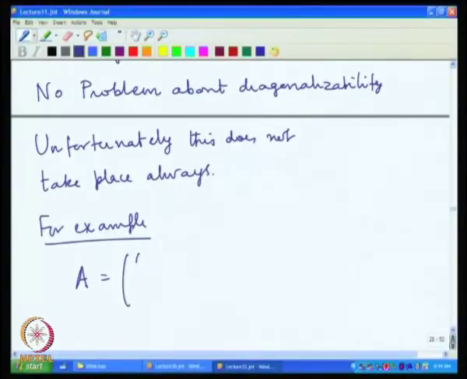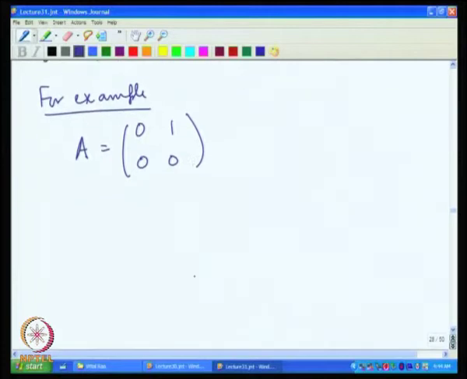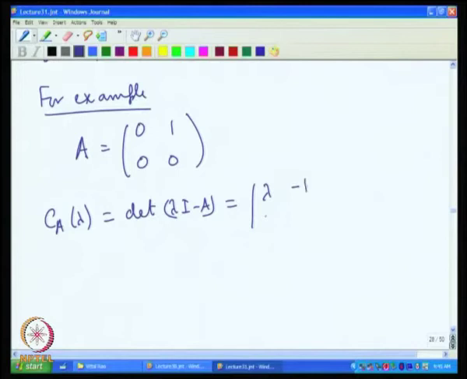Consider the matrix A equal to [0 1; 0 0]. Then the characteristic polynomial, which is the determinant of lambda I minus A, which is the determinant of [lambda, -1; 0, lambda], is thus lambda squared. We have seen this before.